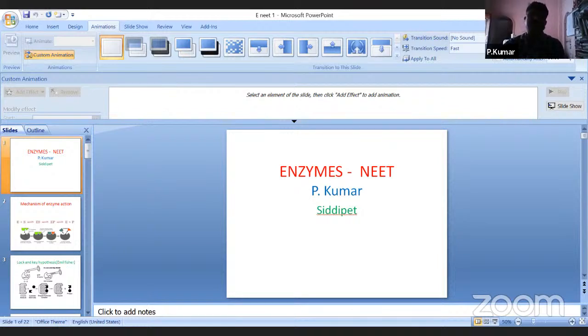According to the induced fit hypothesis, the urease enzyme could react with urea and also glucose or starch, which is not possible. So according to this theory, enzyme specificity is not followed.